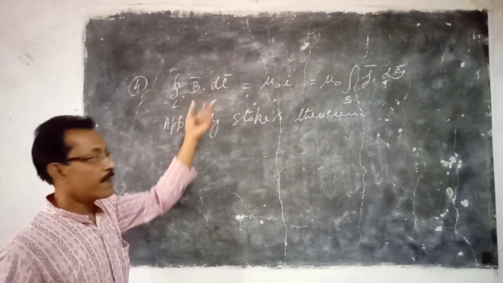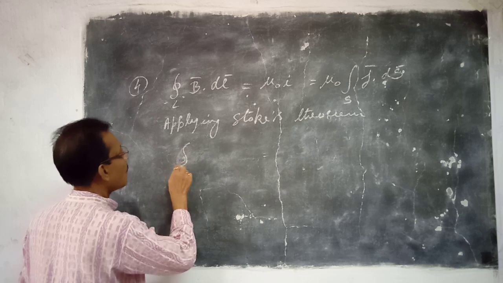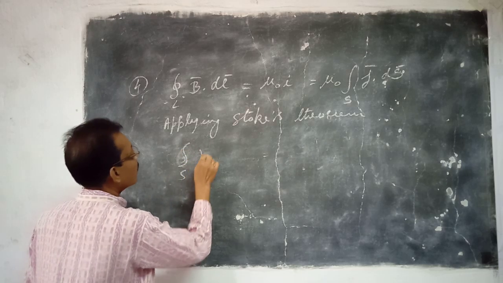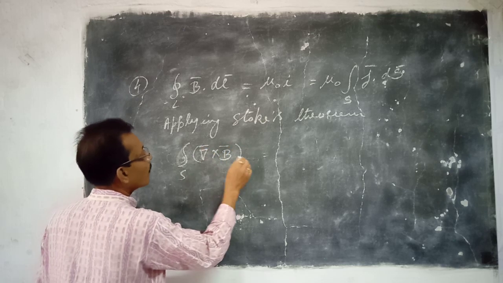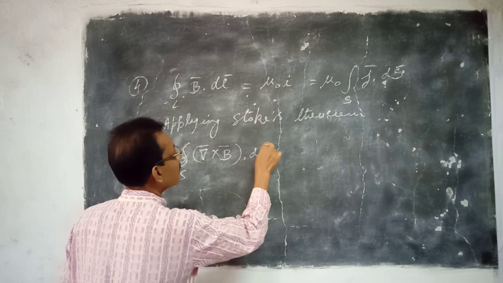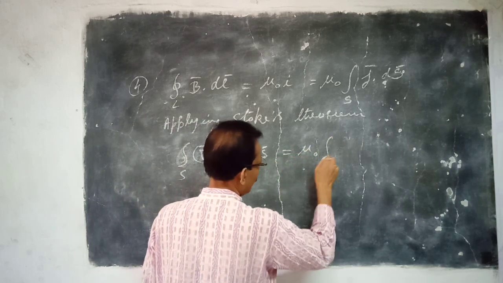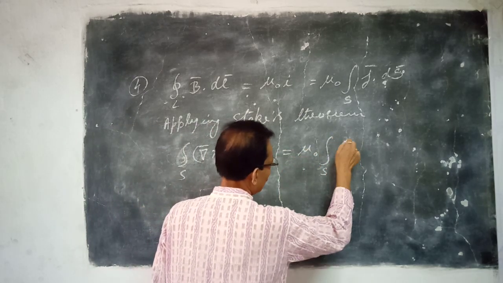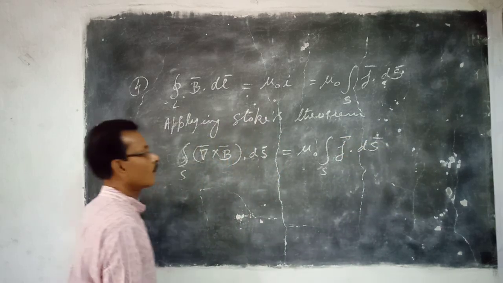So the left hand side we can write as a surface integral over an open surface of curl of B dot dS, that is equal to mu 0 J dot dS.